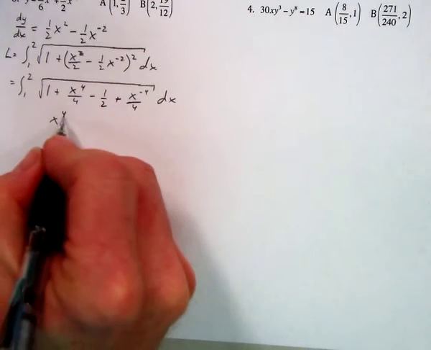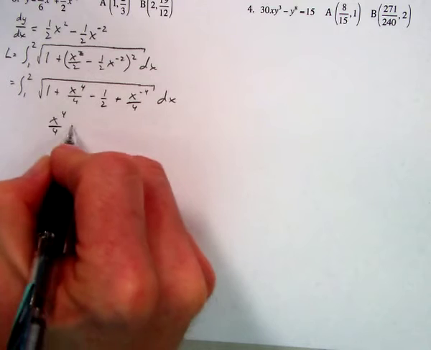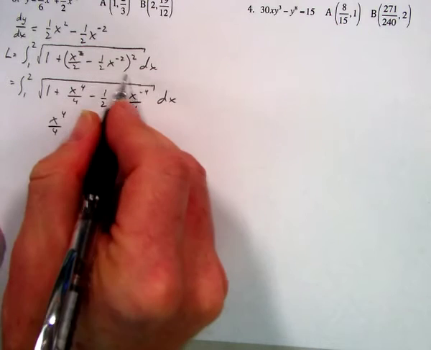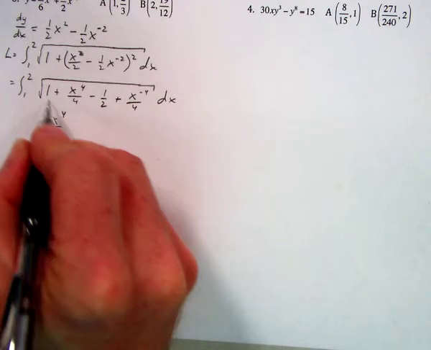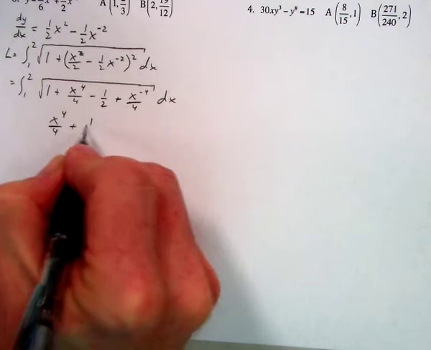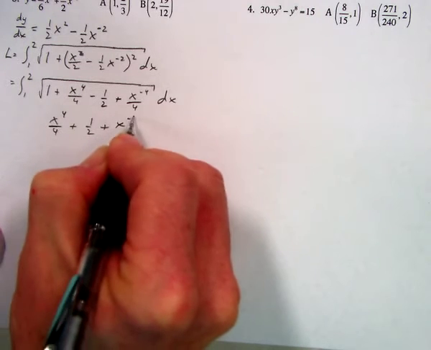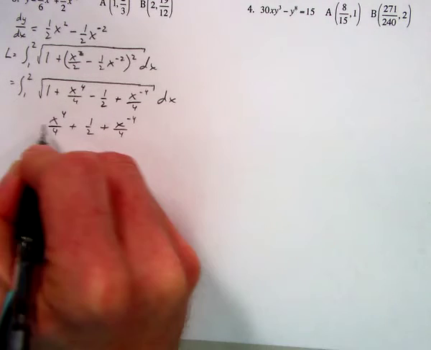And then we have just minus 1/2 plus x to the negative 4 over 4. Now look what happens there. This part here came from squaring that, and the only difference now is 1 minus 1/2, so we have a plus 1/2, and there is our big hint for how to factor this.